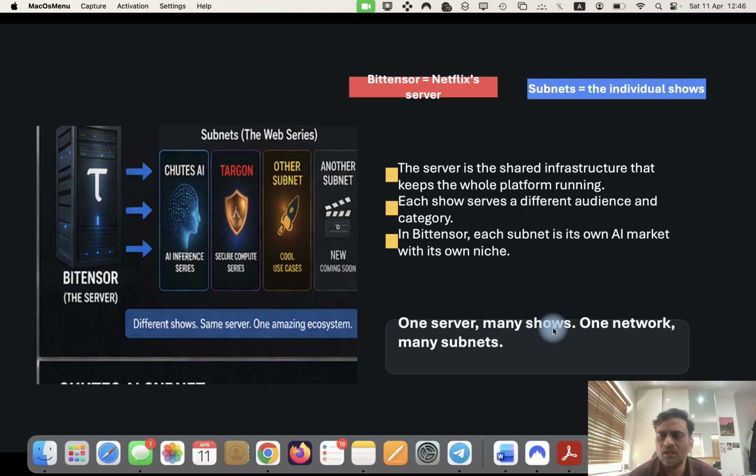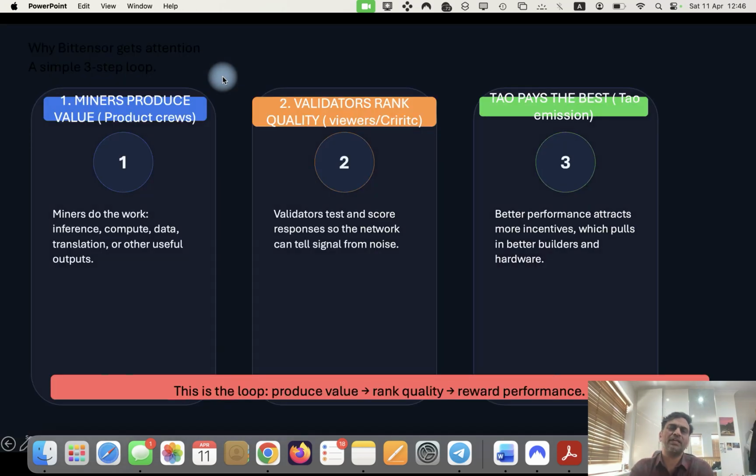Let's go to the next slide. What I did was try to explain these things in a very simplistic way. When we talk about miners and validators, try to understand what they are in the Bittensor world. A miner is what produces the value. From the Netflix point of view, consider them the producers who create these web series.